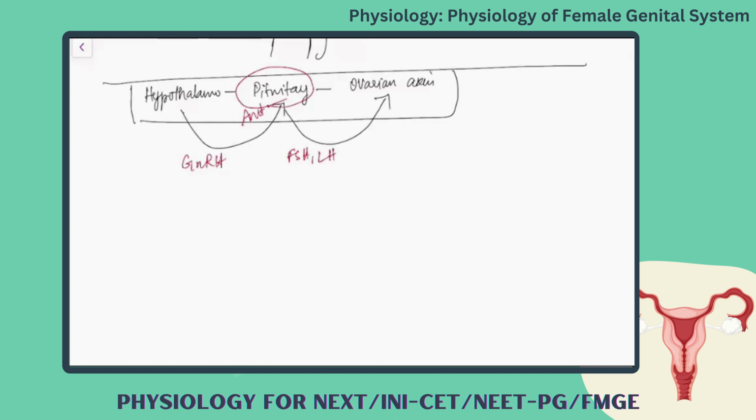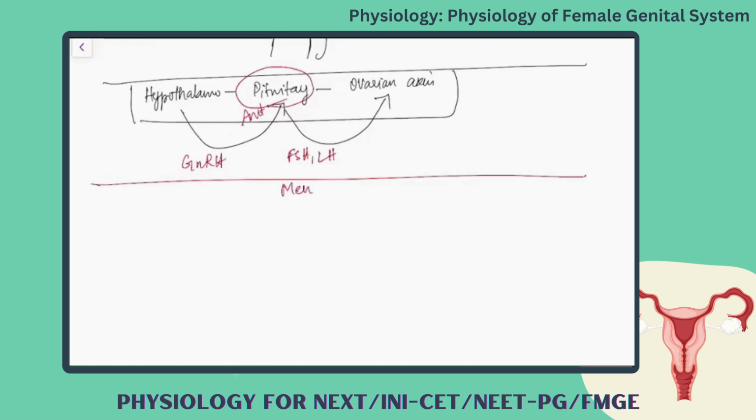So with respect to the female reproductive hormones, we are going to consider two categories of events which are happening in the female reproductive system. One is the events happening in the ovary and the events happening in the uterus. So that is what we are going to talk about.